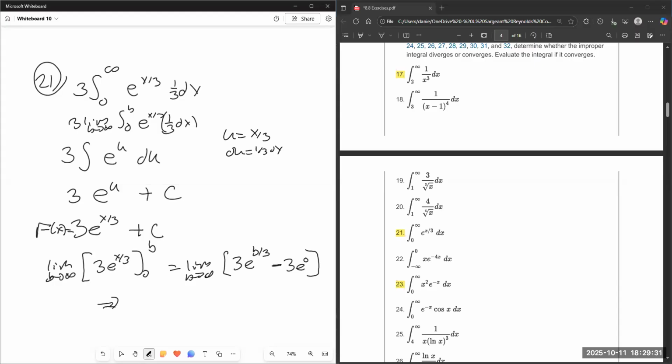That is infinity minus 3, which is still infinity, and this diverges.